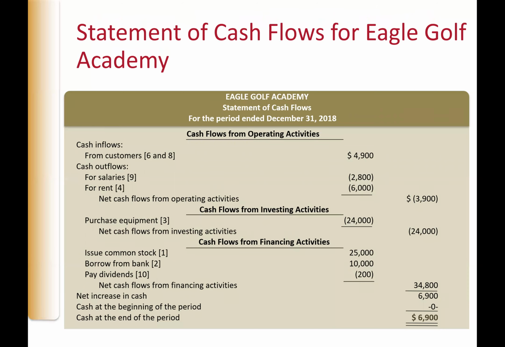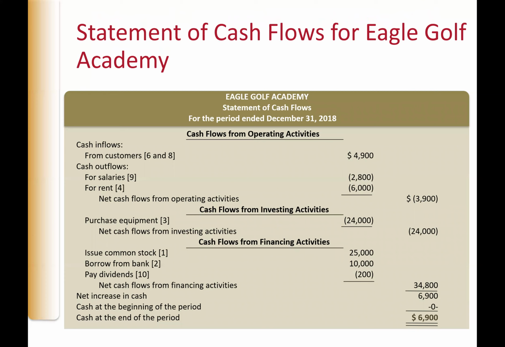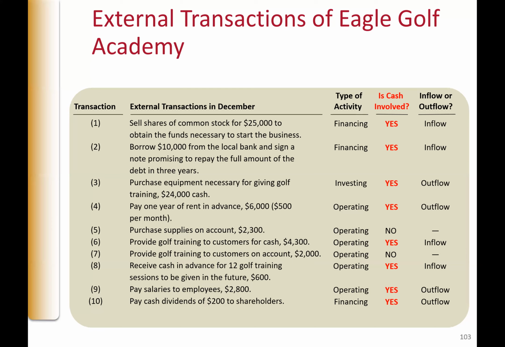So here is how we break down these transactions. Cash inflows from customers will go in operating activities, transactions 6 and 8, when we provide golf training to customers for cash and when we receive cash in advance.